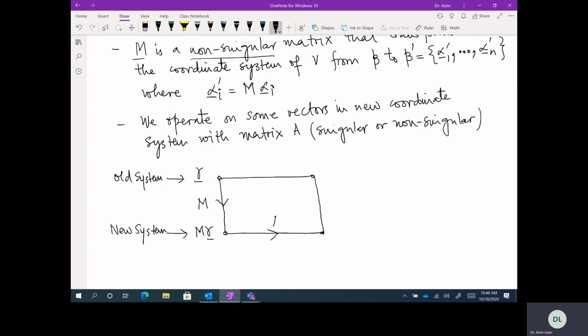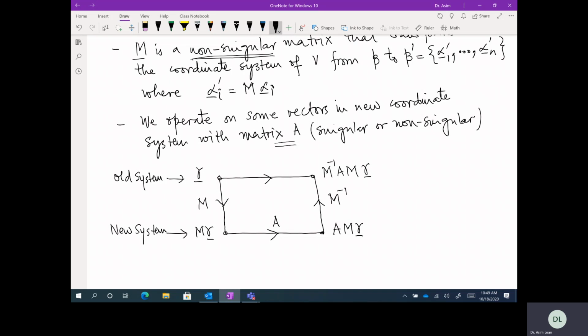You operate on M gamma in the new coordinate system with this matrix A, so you get A times M times gamma. Now, since M is non-singular, I can go back. And now I have M inverse A M gamma, in this order.